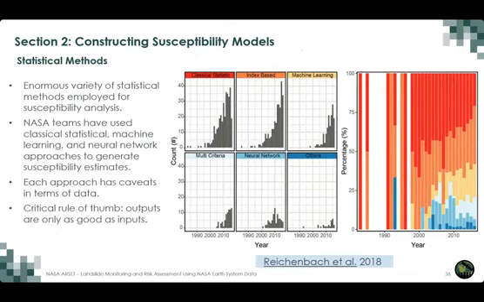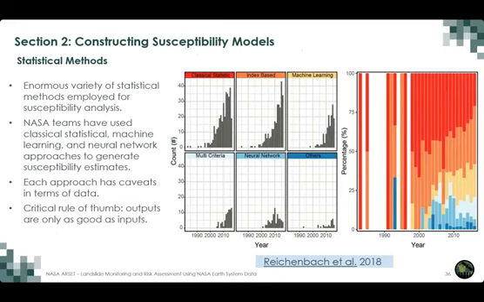In terms of the statistical methods used to combine the inputs and compare them with the landslide inventories, there is an enormous variety. Here I'm again drawing from this excellent review study by Reichenbach and co-authors in 2018, who showed that for thousands of different landslide susceptibility analyses, there were almost as many different types of statistical approaches, ranging from more classical statistical methods several decades ago, thinking about regression, to more modern approaches, which might include AI-based or neural network assessment, particularly machine learning.